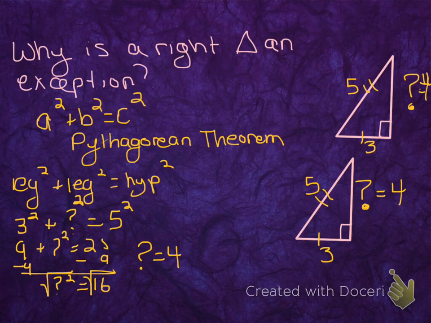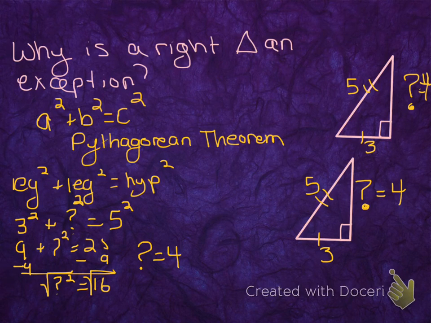Now, think about what we learned in our other theorems. You actually now know that all three sides of one triangle are congruent to all three sides of the other triangle. That's the side-side-side theorem. We don't have to even do that for right triangles.